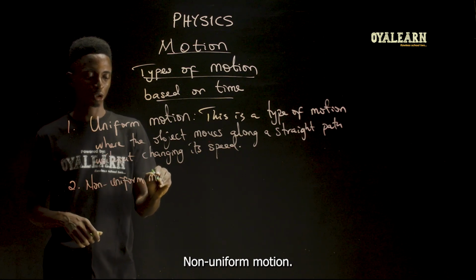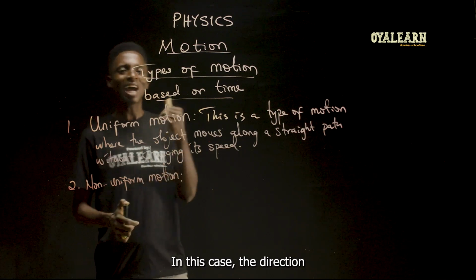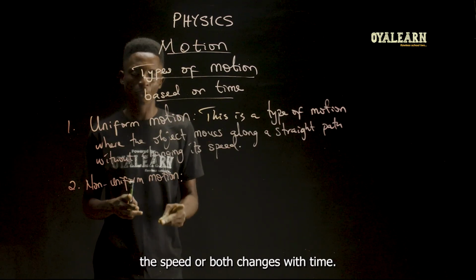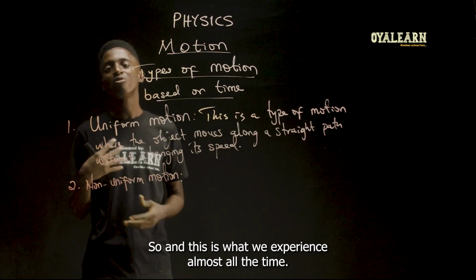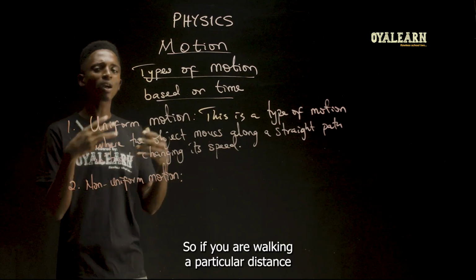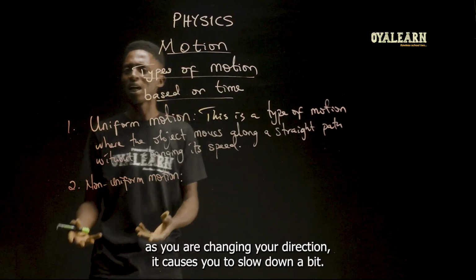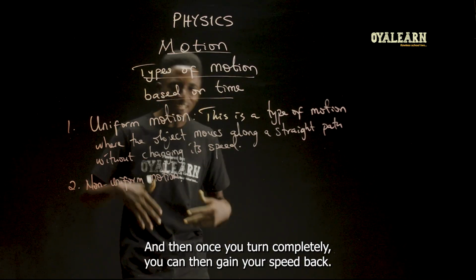Non-uniform motion. In this case, the direction, the speed, or both changes with time. And this is what we experience almost all the time. So if you're walking a particular distance, as you are changing your direction, it causes you to slow down a bit, and then once you turn completely, you can gain your speed back.